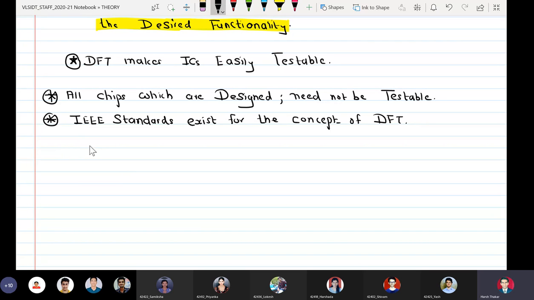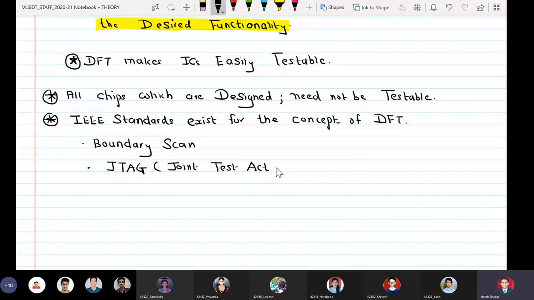Okay, so boundary scan, JTAG. You must be knowing that JTAG stands for Joint Test Action Group.